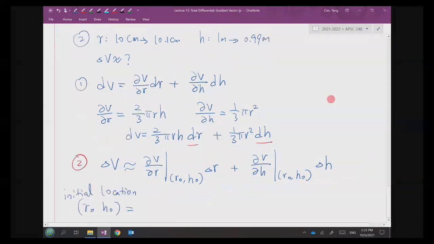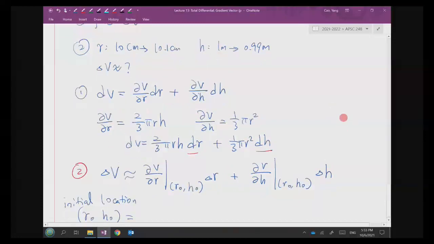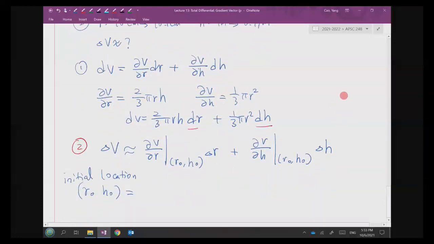So go back to the question here. r changed from 10 to 10.1. h changed from 1 to 0.99. So your r naught, h naught is 10 and 1. But this is centimeter, this is meter. So I think I need to convert everything into a common unit, just to make sure we don't make a mistake.